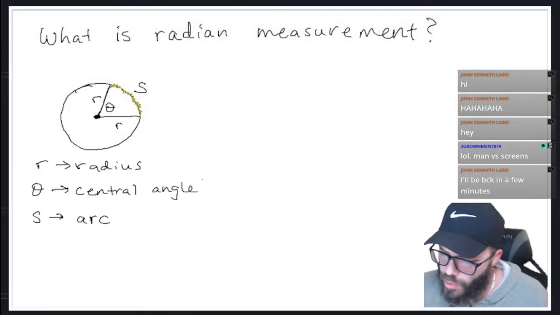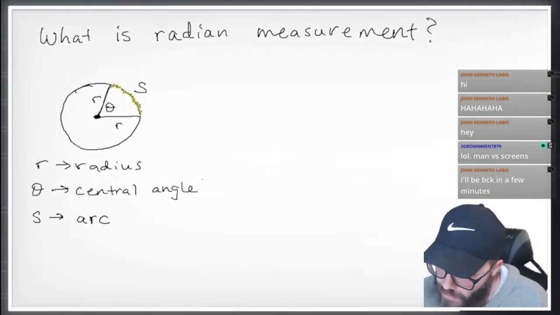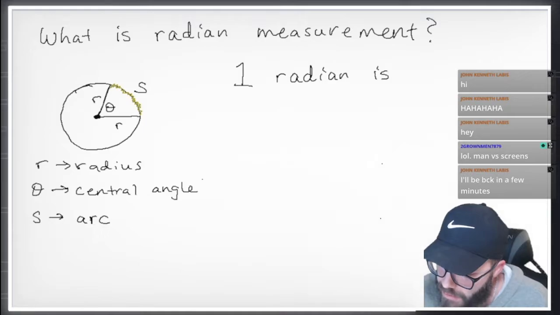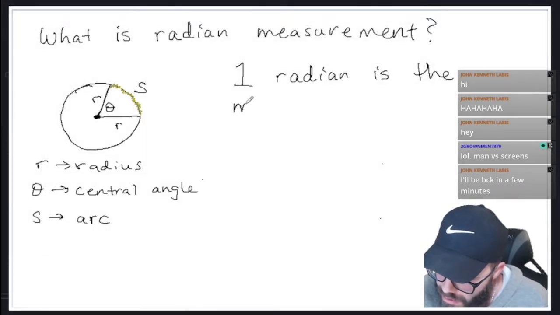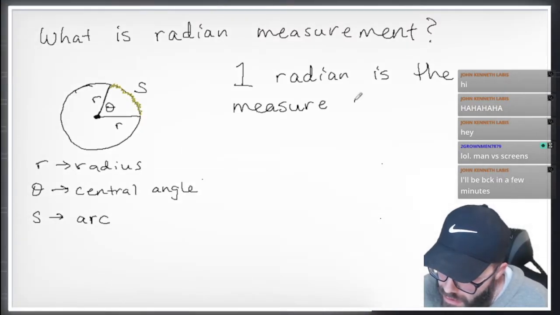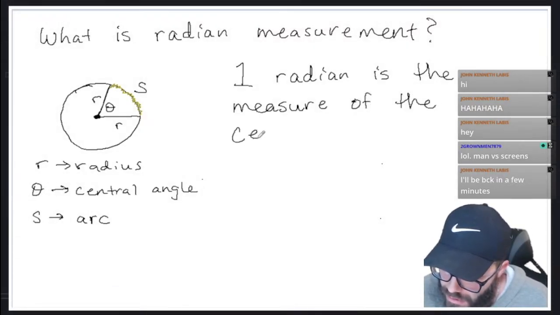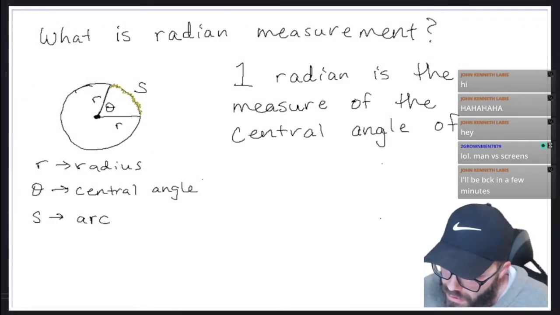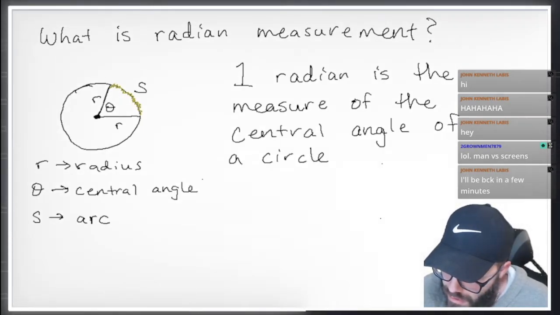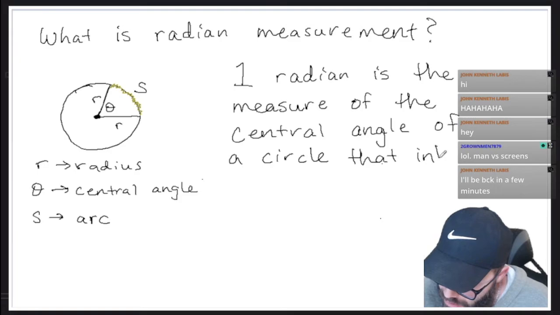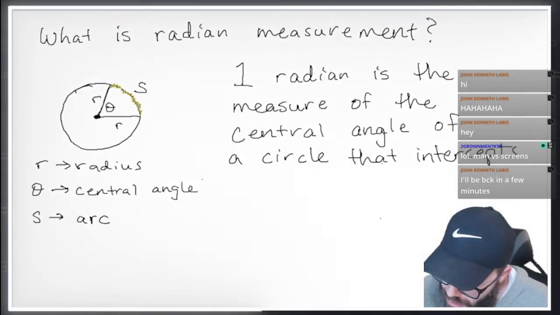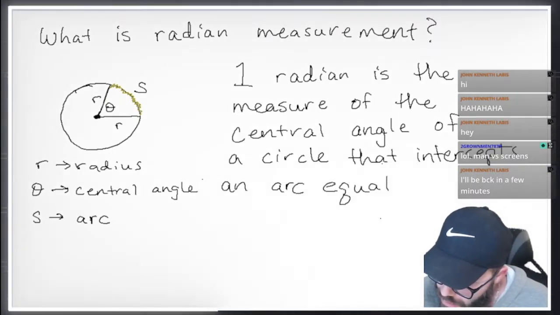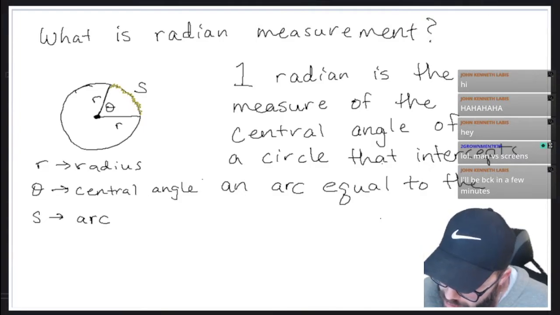All right, so with that picture in mind, 1 radian is the measure of the central angle of a circle that intercepts an arc equal to the length of the radius.